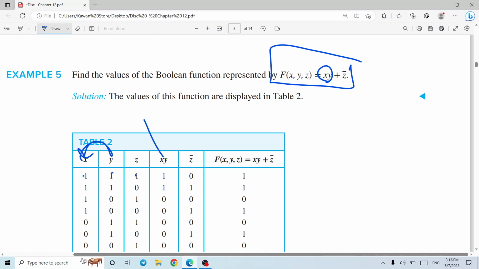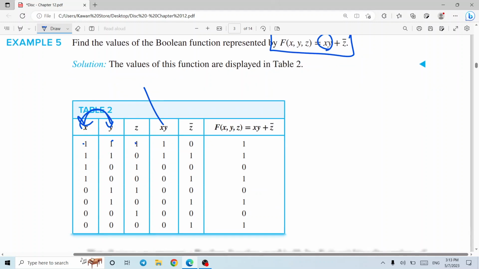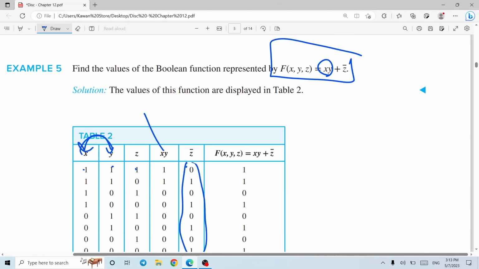X and Y, and Z complement, of course, Z complement. I need a Z complement, changing each Z to Z complement. Then I'm going to find the result of here by OR, because we have addition. You got it? Can you do it if I ask you now? Shall we make a pop quiz? That's easy, that's what I say.